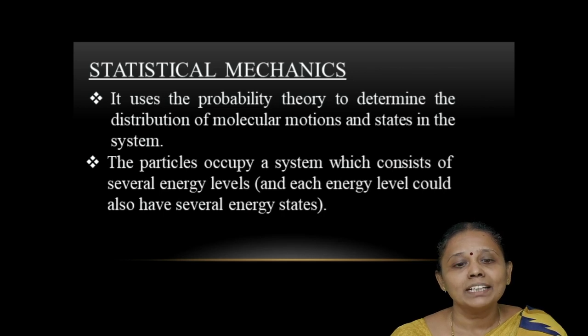For example, the particles occupy the system, which consists of so many energy levels. Each energy level could have several energy states. The particle occupies a particular energy state, and it depends upon the energy of the respective particle.